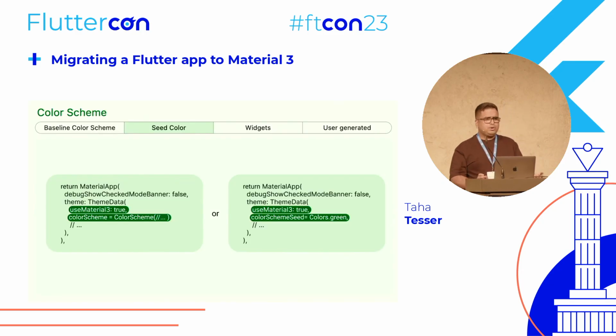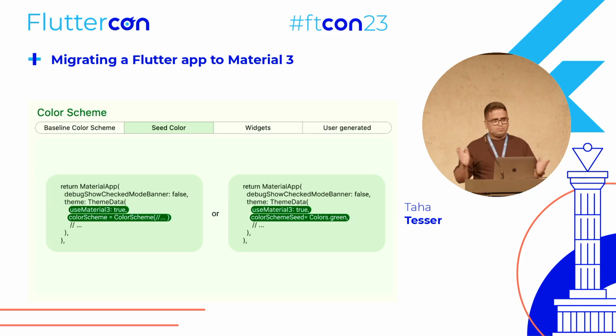What if you want to create your own color scheme? Just like the baseline color scheme, instead of using a particular purple color, you want to create your own color scheme. Here I'm creating a color scheme in green, you can see, and the slide is also updated to green. It's just using one color, and Flutter uses something called the Material Color Utilities package, which has all the algorithms and tools to create an entire color scheme with one color.